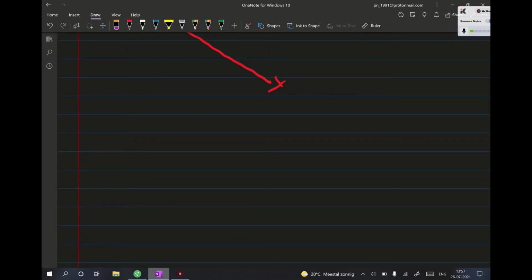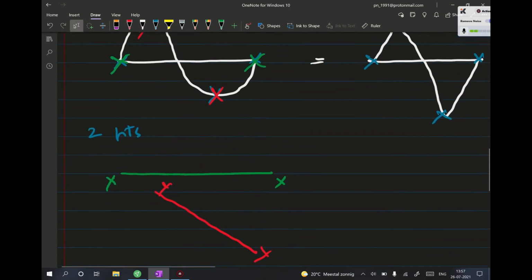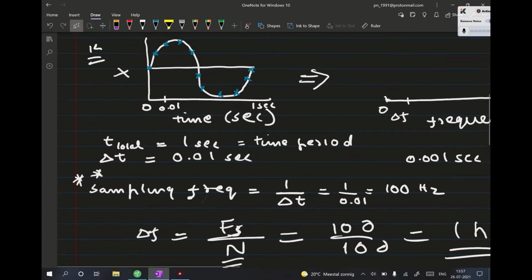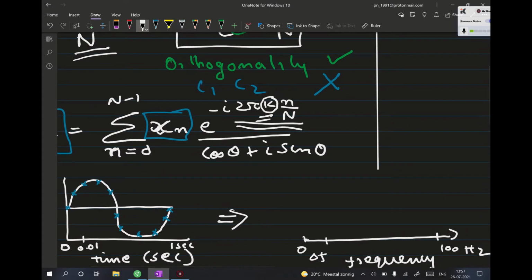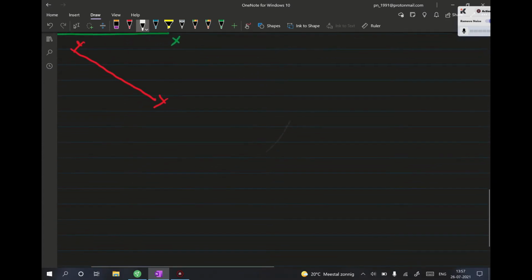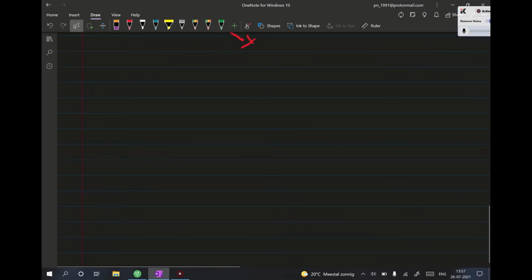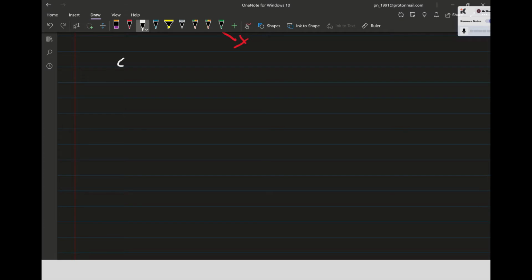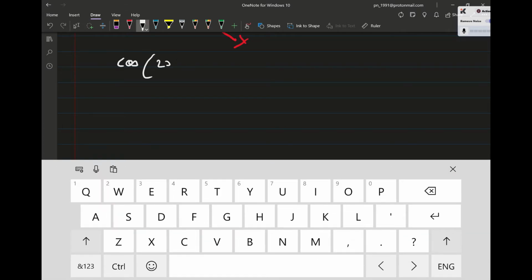Now another way to explain it is this term over here, I will write it down separately. Cos 2 pi k n.